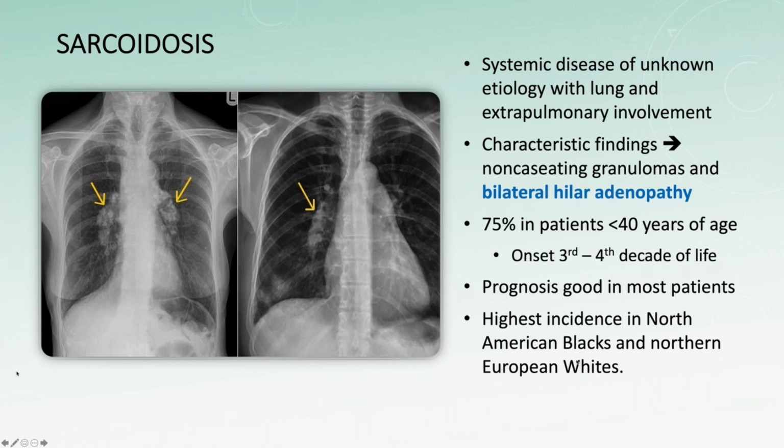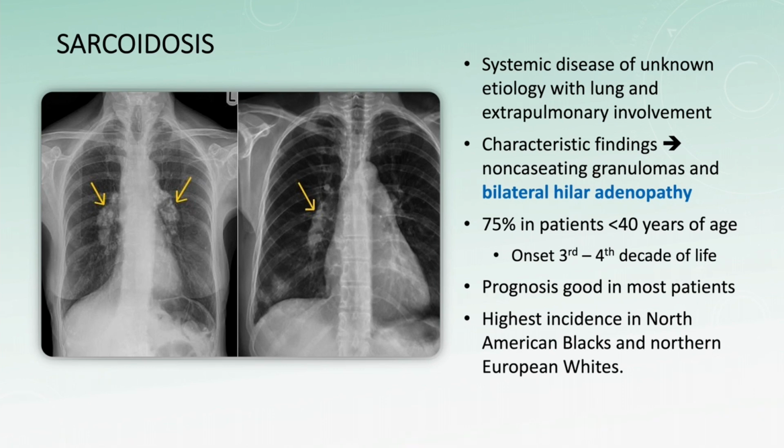I'll tell you, common things are common. Most of the time in vignettes, they like to use a youngish, third or fourth decade African American female as the patient, because that is the most common type of patient that we see. The difficult thing about sarcoidosis is that it causes all these seemingly random symptoms in different systems.